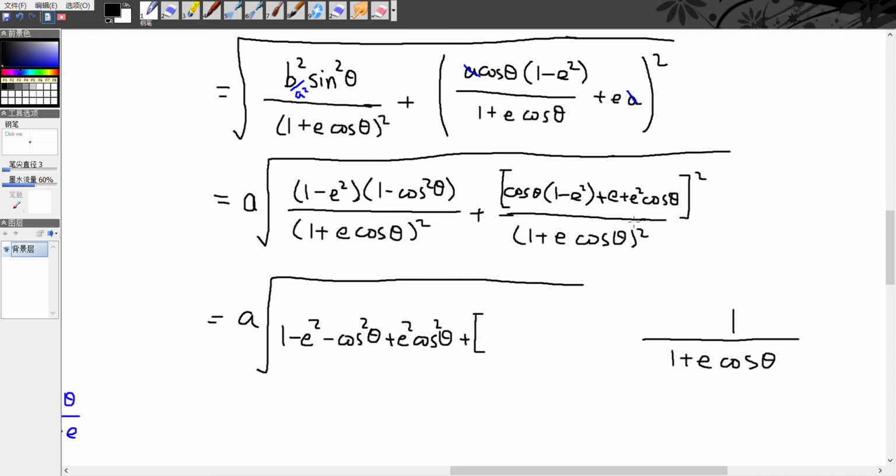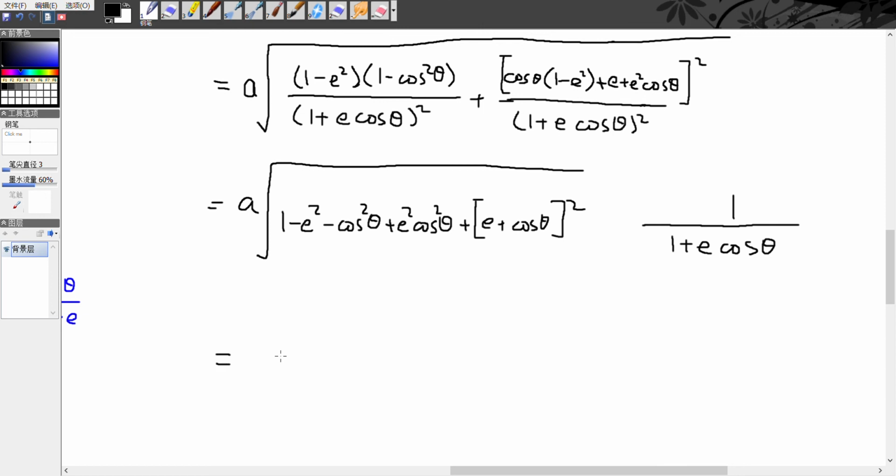So the e squared terms are cancelled, so we have e plus cosine theta squared, which equals a times e squared plus 2e cosine theta plus cosine squared theta. So by cancelling all the terms, we will end up with just 1.